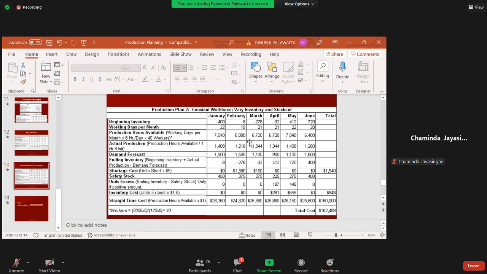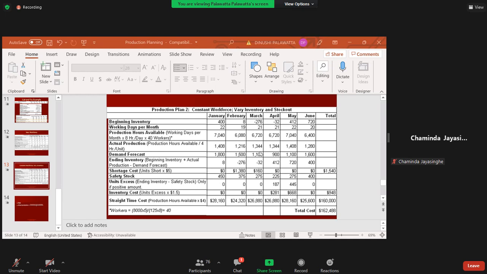Then ending inventory: beginning inventory is minus 276, plus actual production of 1,344, minus forecast of 1,100.